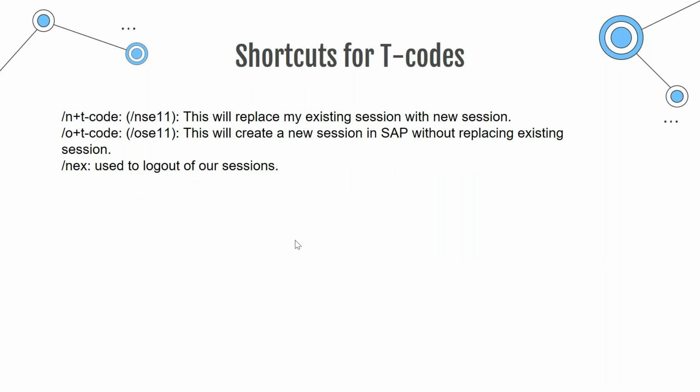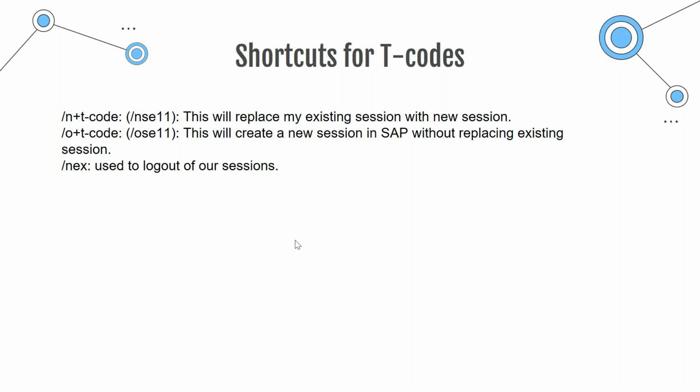So there are some shortcuts in SAP with your T codes. You can use these shortcuts. The first shortcut is /n plus the T code name. /n means it will replace my existing session with a new session. Currently I am, let's say, in one T code, and from one T code I want to navigate to another T code.